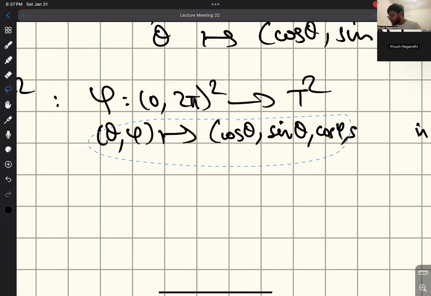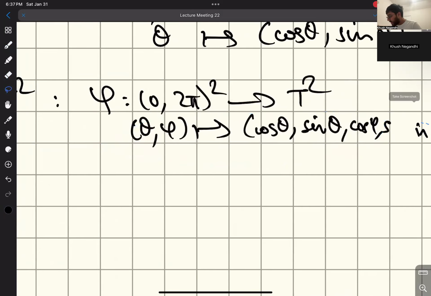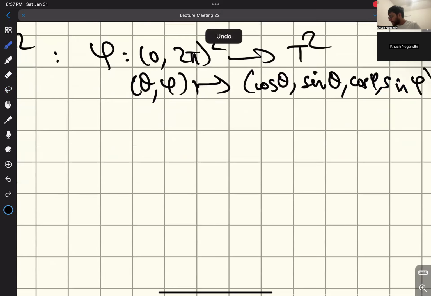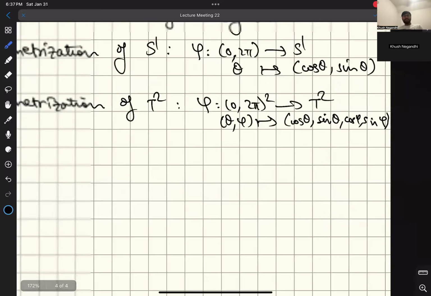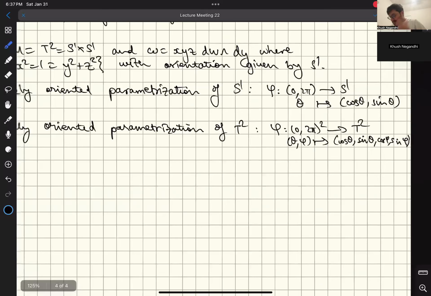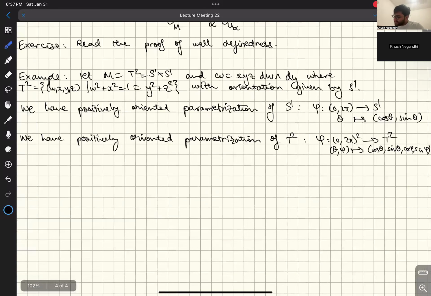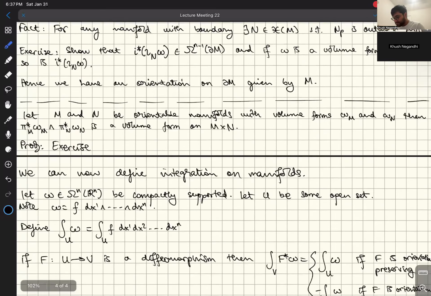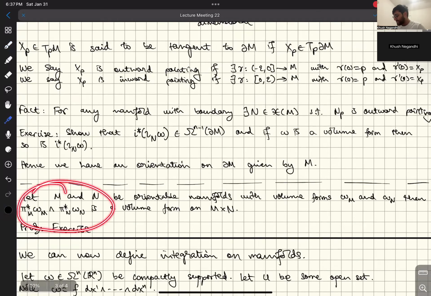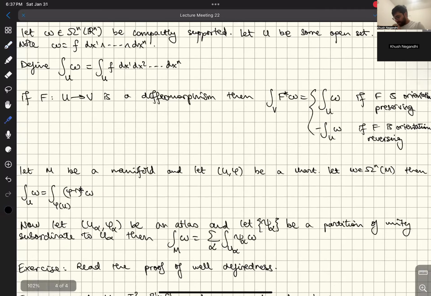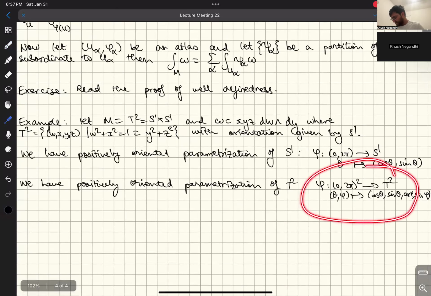This is a bit inconvenient. And then this will be a positively oriented parameterization of the torus because we take the positively oriented parameterizations of S1, and then use this construction to give us a parameterization of the torus.